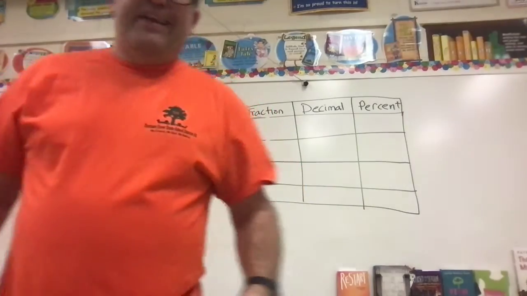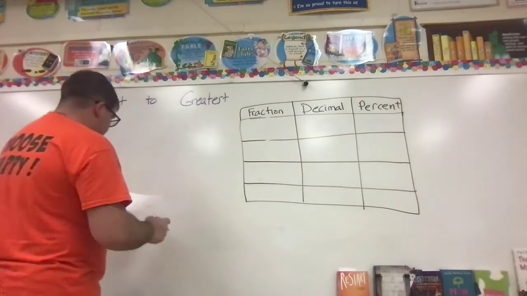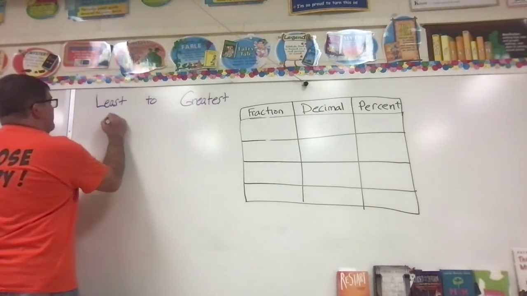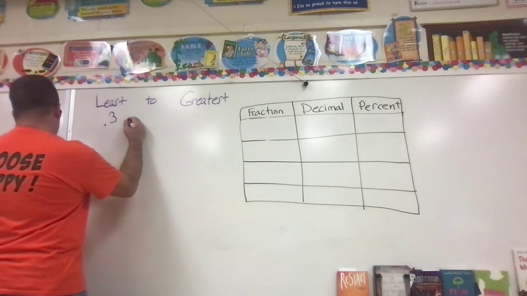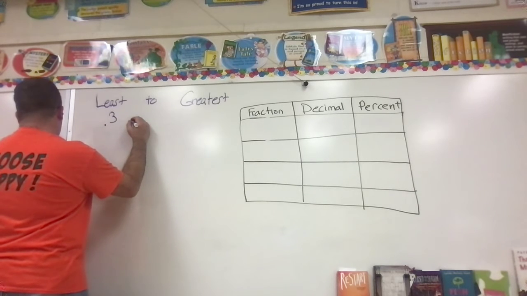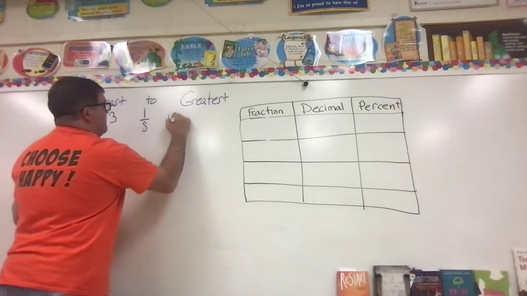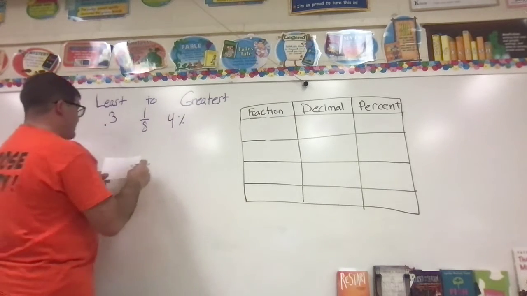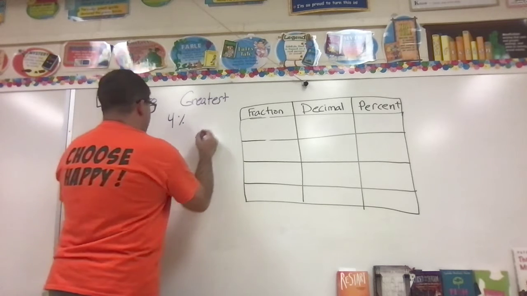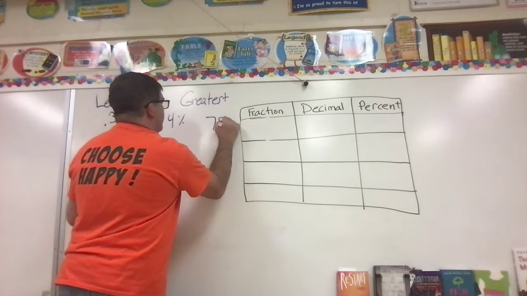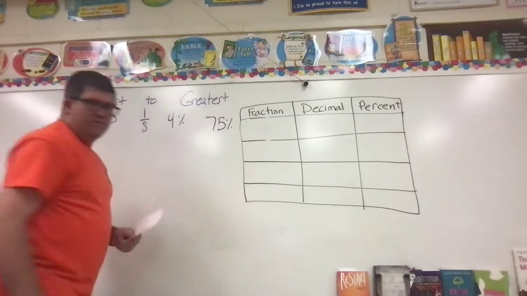Okay, so I'm going to give myself 4 numbers. I have 0.3, I have 1/8, I have 4%, and I have 75%.